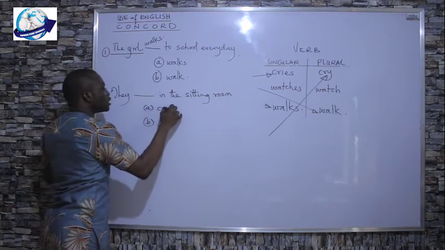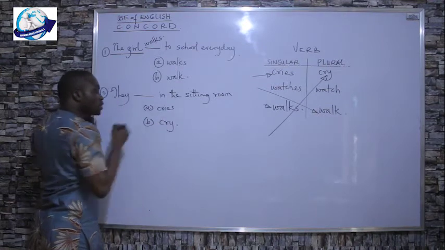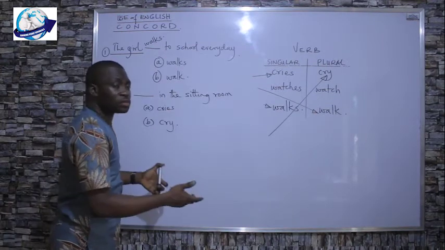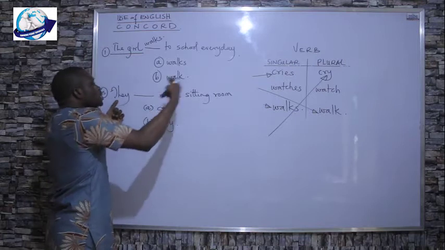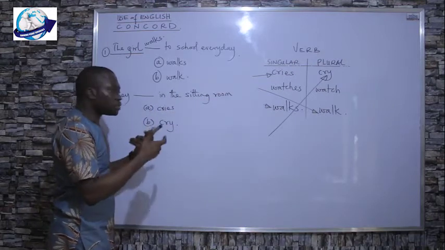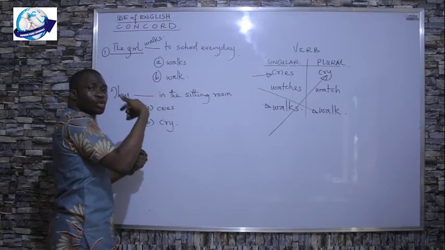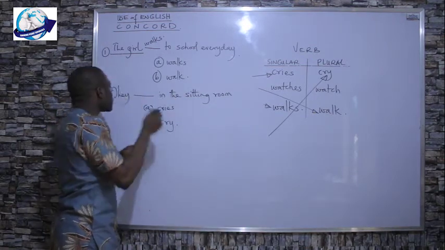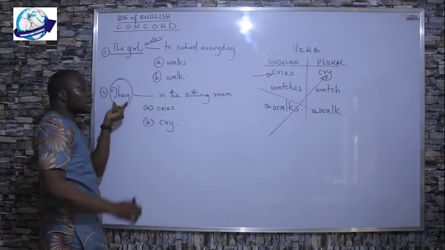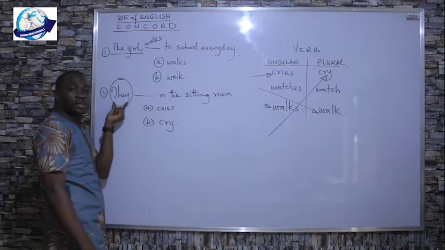And I put cries and I put cry. A simple example like this. The question I ask is this. These options carry verbs that we need to apply. But who is carrying out the action? Is it singular or plural? That's what we need to look at clearly.